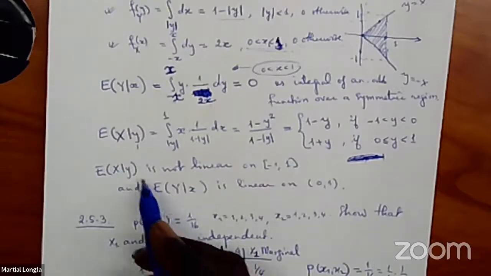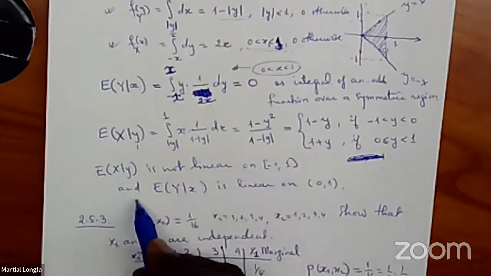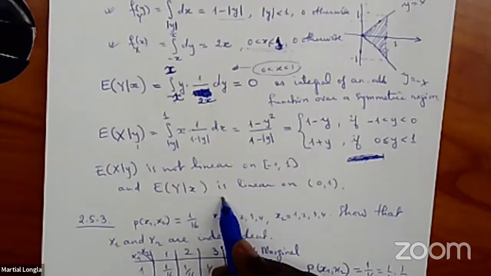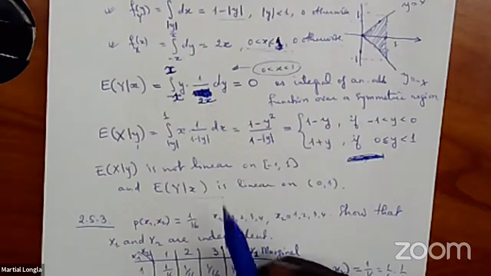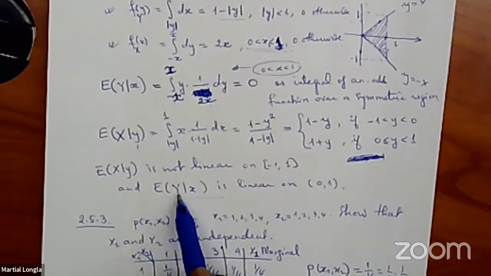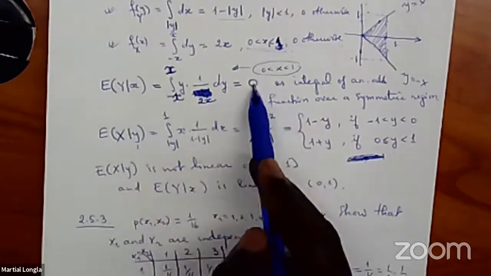And this one, the expected value of y given x, is a linear function, because the function 0 is linear. What does it mean, linear? Ax plus b. So the conditional distribution of y given x is 0.